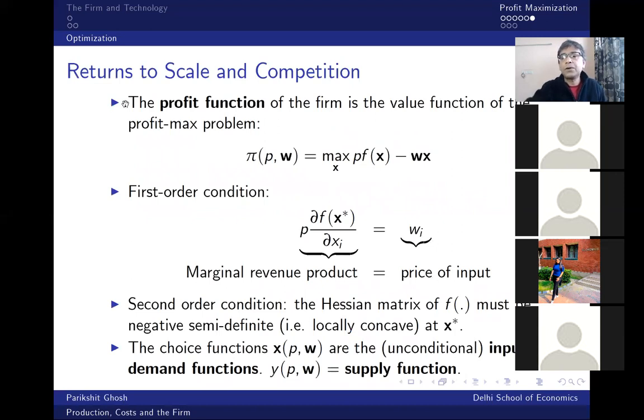Okay, so we discussed properties of the cost function and all, but what the firm is ultimately doing is profit maximization. So what are the implications of profit maximization for the firm's demand and supply functions? Demand for inputs, supply of output. Can we say anything on that?